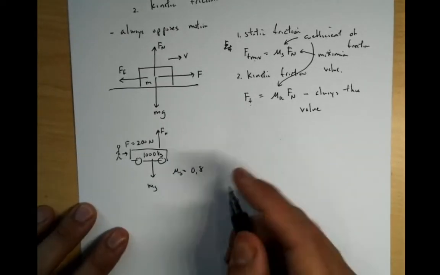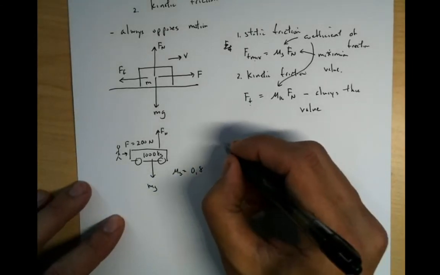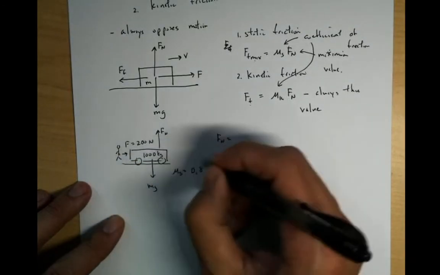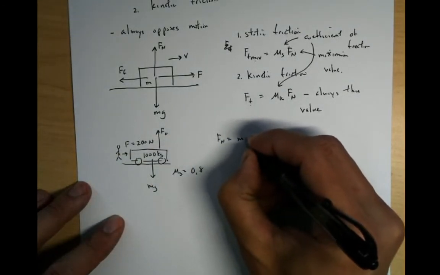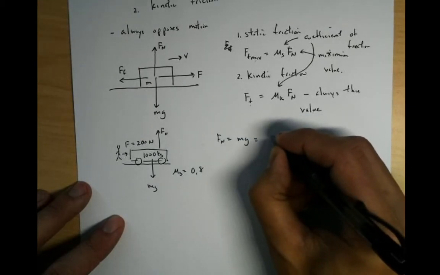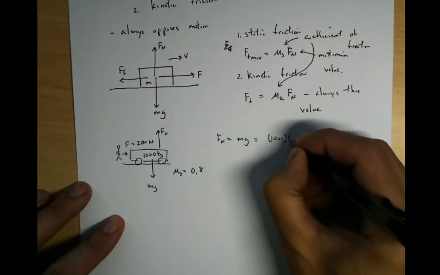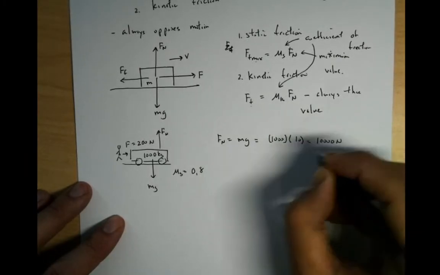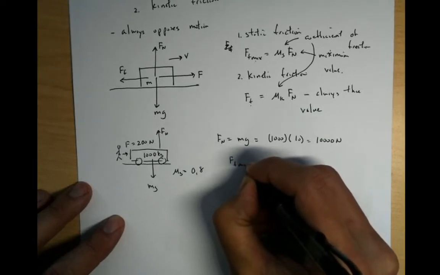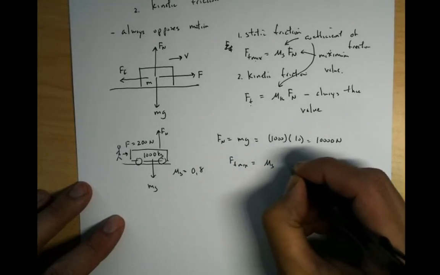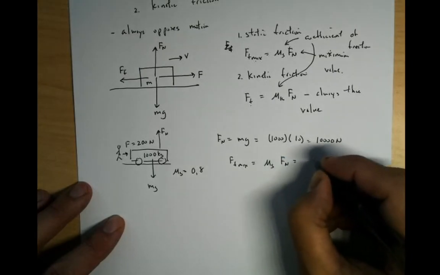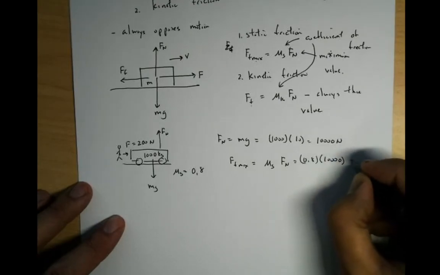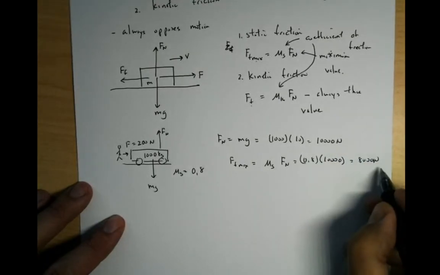The normal force, because it's not falling through the road, is just mg, which is 1,000 kilograms times 10 meters per second squared, that is 10,000 newtons. So the maximum force of friction you can get is mu sub s F_n, which is 0.8 times 10,000, which is 8,000 newtons. That's the maximum force right now.